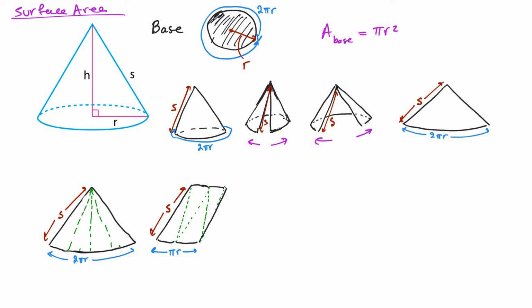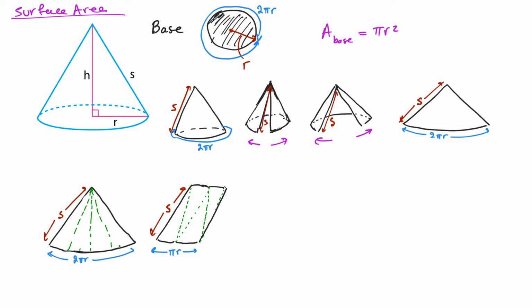Once you have the sectors, you can take this first sector and place it in this direction, take the second sector, flip it and put it in this direction, the third one, put it down here, and the fourth one, put it down here. By doing that, this length over here, which is the slanted height, does not change, so you still have the slanted height over here.